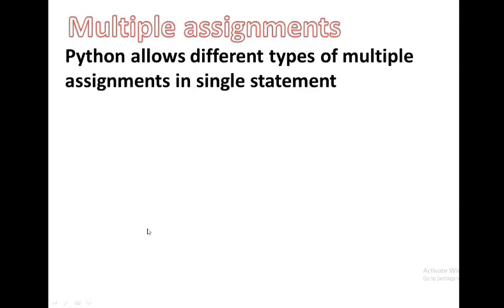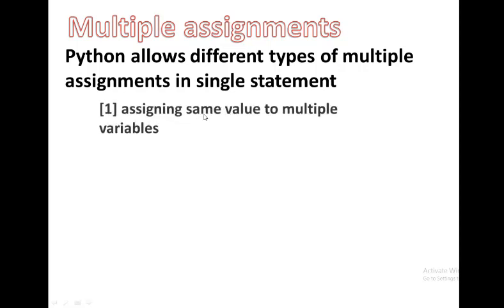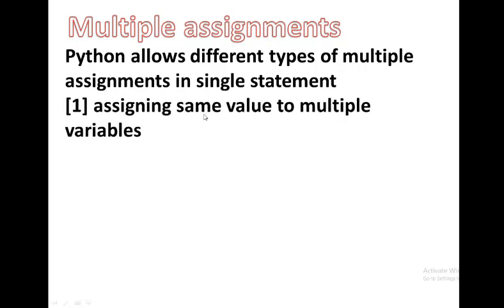Next are multiple assignments. Python provides the multiple assignment feature. That is, you can assign multiple values to multiple variables in different ways. If you want to assign the same value to multiple variables, you can write the statement like this: x is equal to y is equal to z is equal to 20. The value 20 will be assigned to all three variables, that is x as well as y and z.